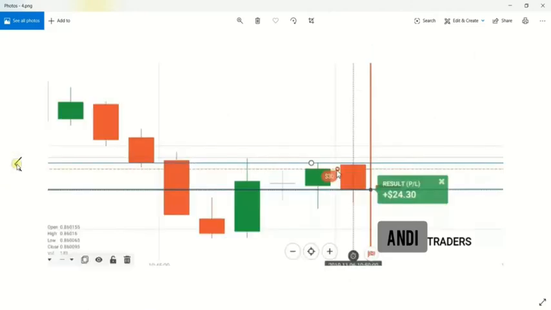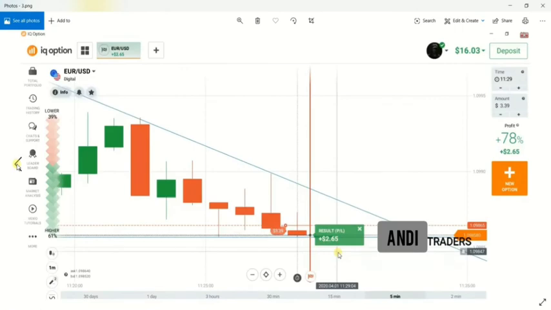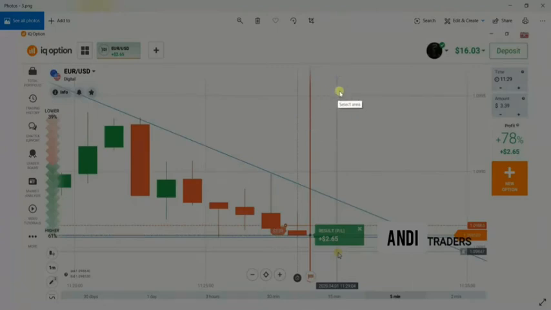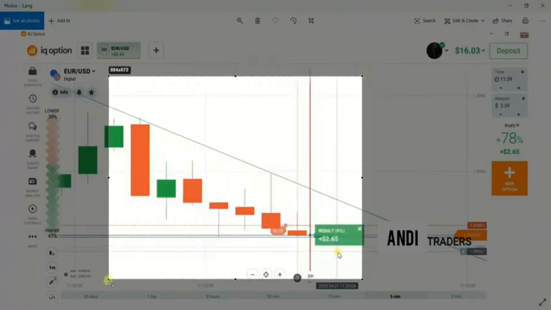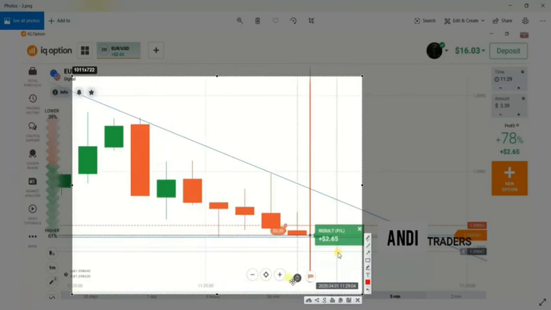Now what is the new high or new low? Let's talk about this. The new high or a new low, you must find the new low compared to the previous candle.